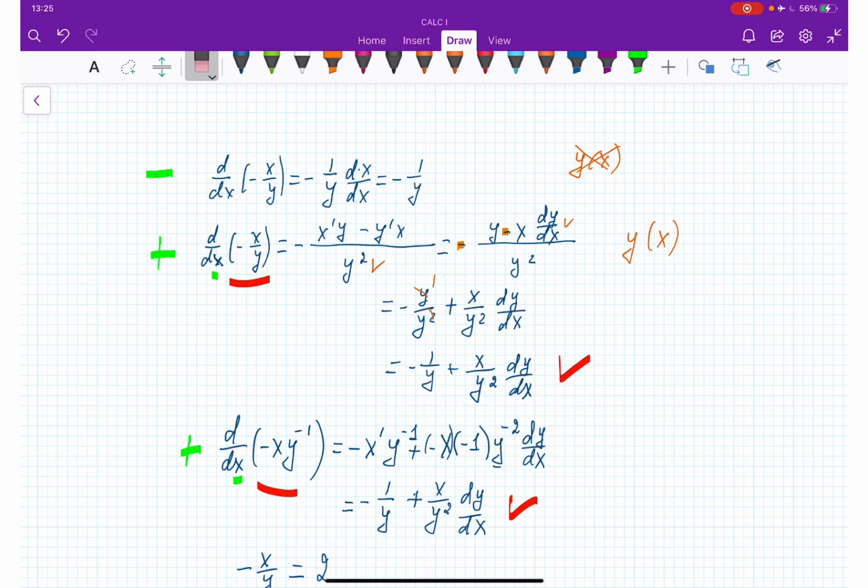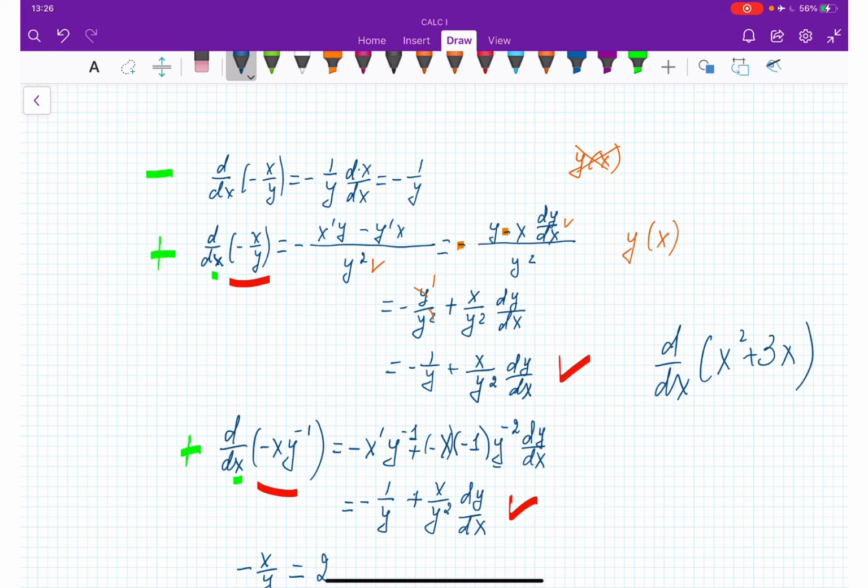Differentiating with respect to x, what does that mean? That means that when you differentiate terms involving x alone, you can differentiate as usual, like d by dx of x squared plus 3x, which as usual will be 2x plus 3.